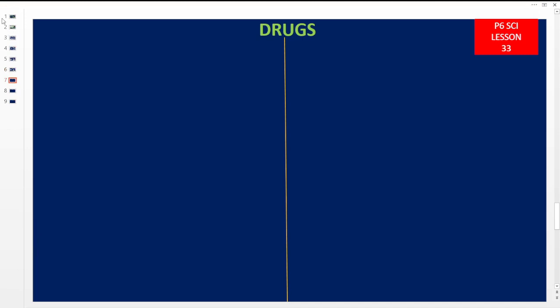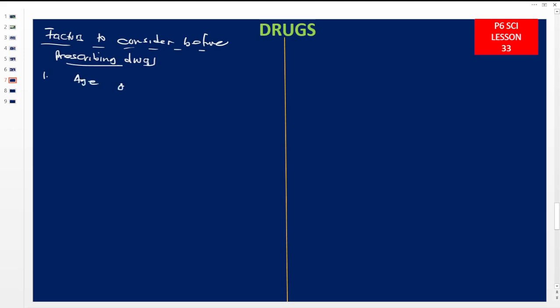Now let us see factors to consider before prescribing drugs. 1, the age of a patient is very important. 2, type of illness. Weight of a patient.